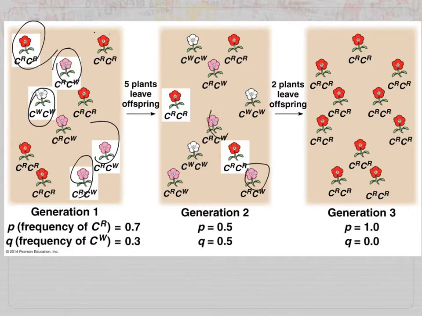We get 1, 2, 3, 4 pinks, 3 whites, and 3 reds. Okay. Now we're going to say that we've got some more organisms leaving the gene pool, and only 2 of these plants are actually going to leave offspring, and they're both the red ones. And now we've completely eliminated any other allele except for the red.